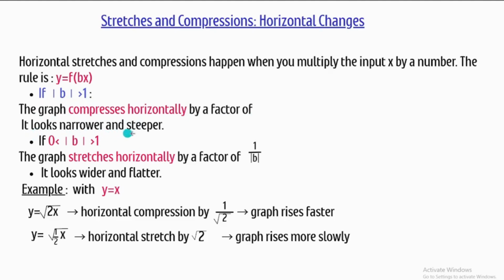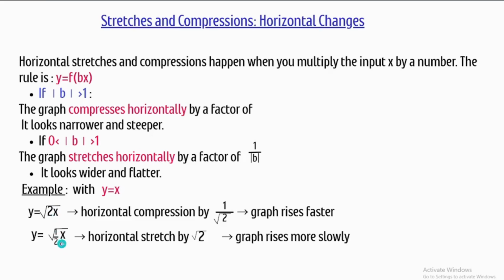It looks narrower and steeper. If absolute b is greater than 0 and less than 1, the graph stretches horizontally by a factor of 1 over absolute b. Here we multiply by b, here we multiply by 1 over b. The multiplication happens inside with the x.